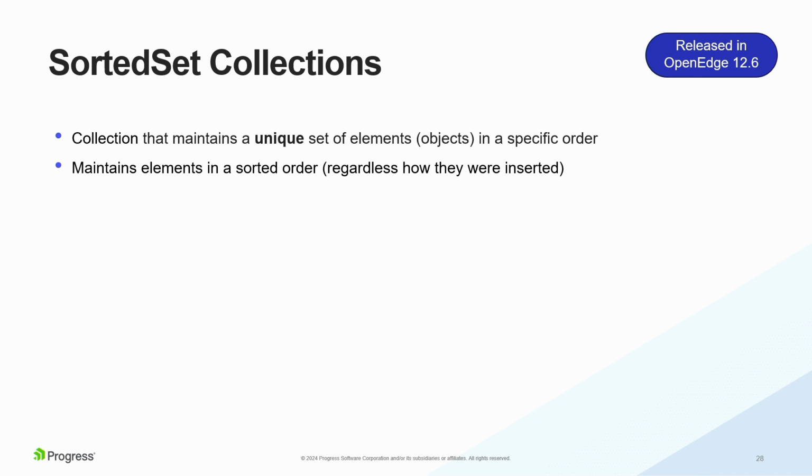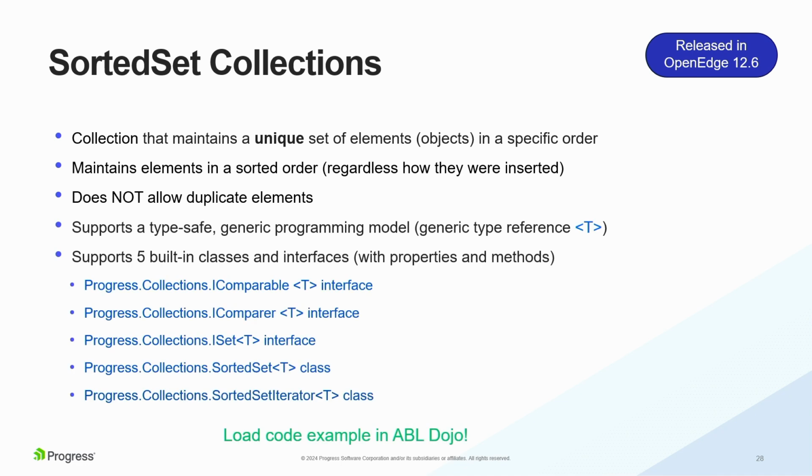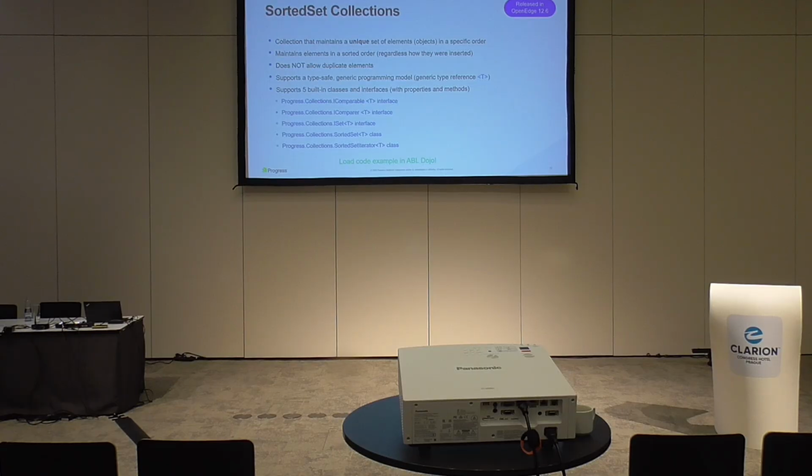Unlike the list collections, the order of elements is maintained, not specifically how they were inserted. Sorted set collections do not allow for duplicate elements, i.e. objects. Again, it supports a type-safe generic programming model, and it supports 5 built-in classes and interfaces, again, with their own dedicated properties and methods as well.